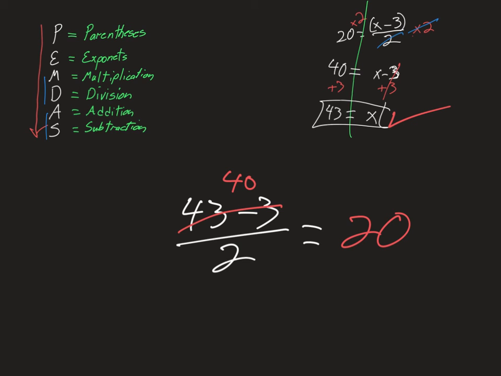Now, here's where it gets a little bit different with science. So that variable we were talking about that we use as an x, a lot of times it's not used as x. Let's look at speed for a second. Speed is represented with just an s. And we say it has a mathematical relationship between distance and time.